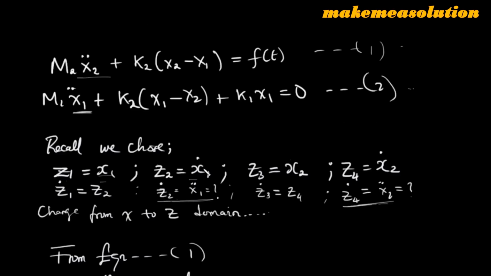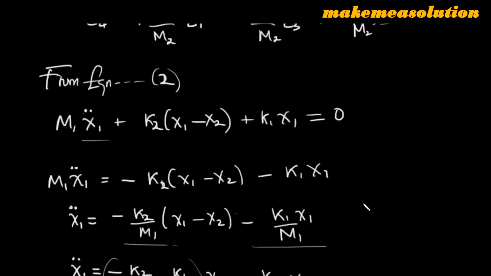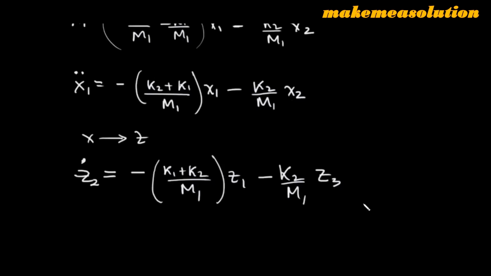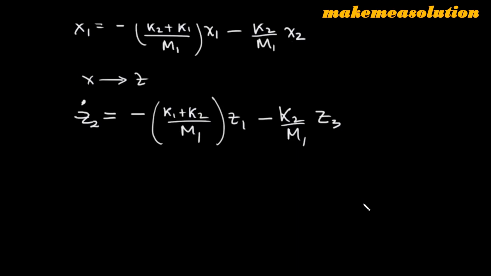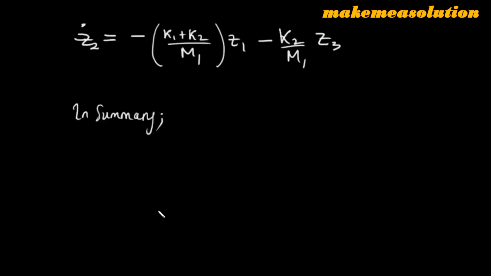So your z2 is the velocity of x1. Then z3 is the displacement of x2, and z4 is the velocity of x2. So when you choose it like this, you've now gotten your z2 dot. So in summary, we are going to align all of them like this.